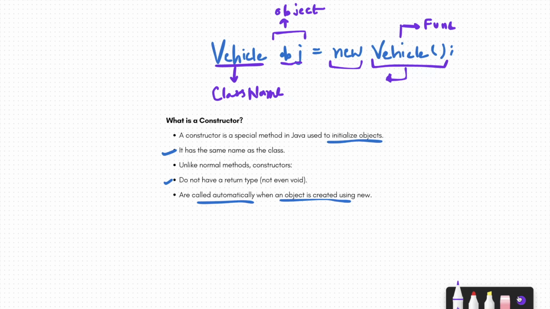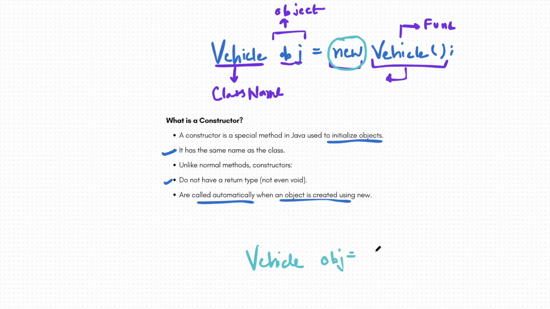Now let's just talk about this new keyword. This is the most important keyword, and from here your learning for constructors actually starts. So if someone was writing Vehicle obj is equal to just Vehicle, what is the difference between statement number 2 and statement number 1?